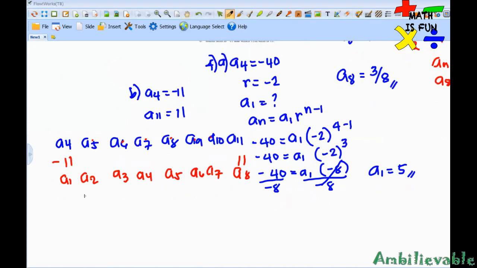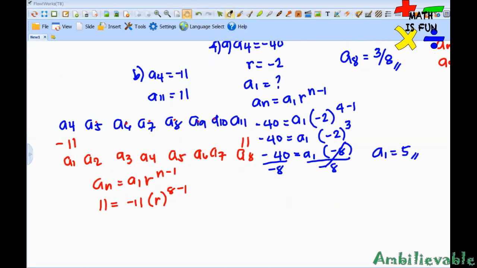So let us try that a sub n is equal to a1 r to the n minus 1. So a sub n, which is 11, equals a1, which is negative 11, r, and n is 8. So therefore, we have 11 equals negative 11 r raised to 7. So divide by negative 11.